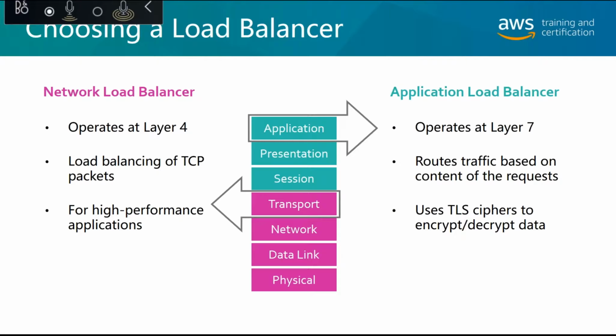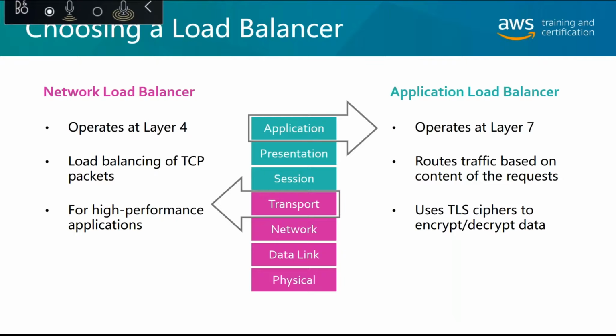When you look at AWS load balancers, you have application load balancers and network load balancers. Just remember to review the difference. The network load balancer operates at layer 4, and whenever you need high performance with TCP packets, you would be looking at a network load balancer.